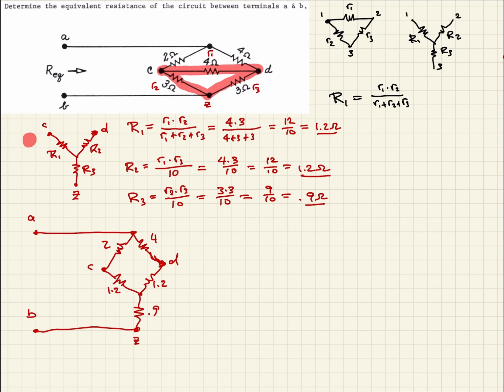So with that, then we see that these two resistors are in series, and these two resistors are in series, so we can now rewrite that. So let's do that, combining those.